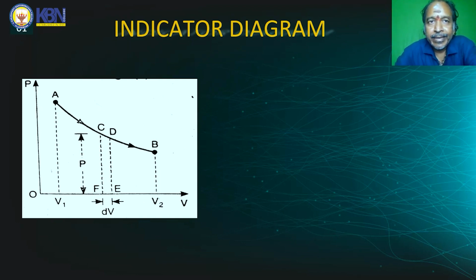The next is temperature. Temperature is the thermal property of a body, which gives the relative hotness or coldness of the body, and it explains whether it is in thermal equilibrium with another body or not.